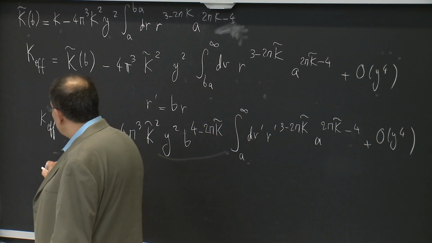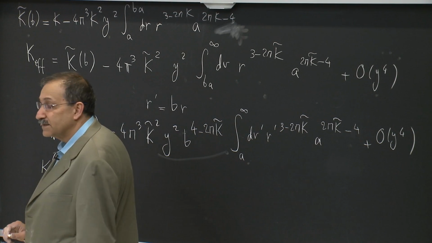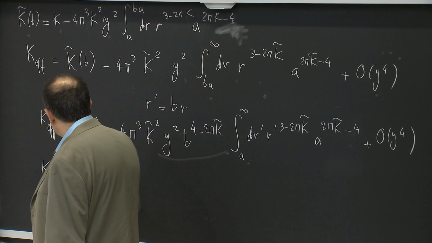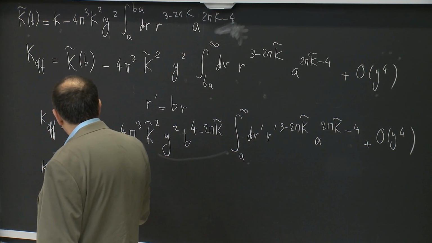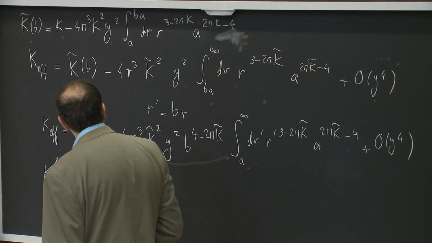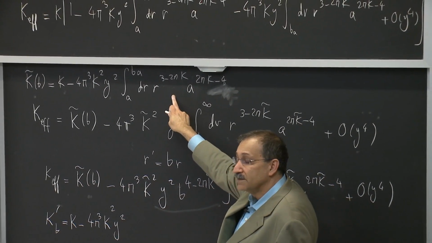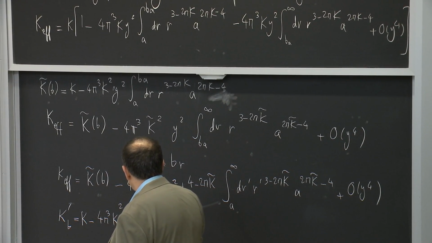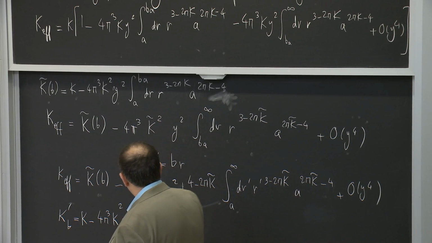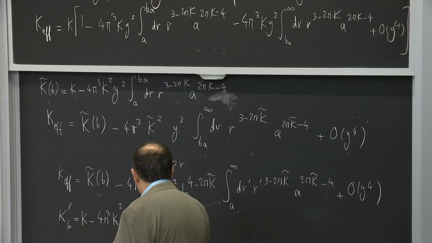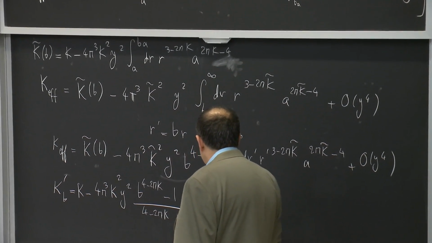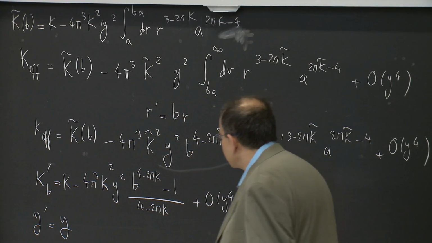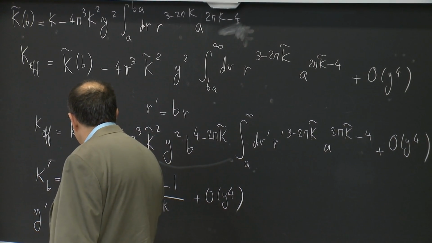So the two theories are equivalent, provided that I say that the new interaction at scale b is the old interaction minus 4π³ K² y². This integral is easy to perform. It is just a power law. It is (b^(4−2πK) − 1)/(4−2πK) plus order of y⁴. And my y prime is y. From here, I see b to the power of 2 minus πK.